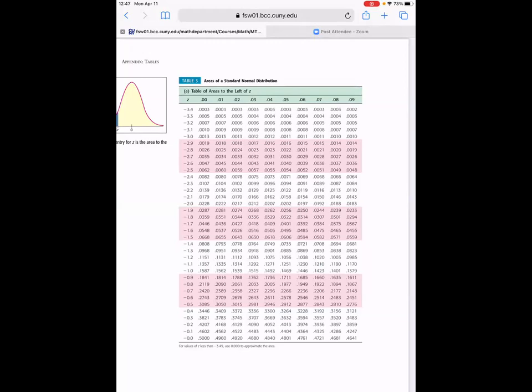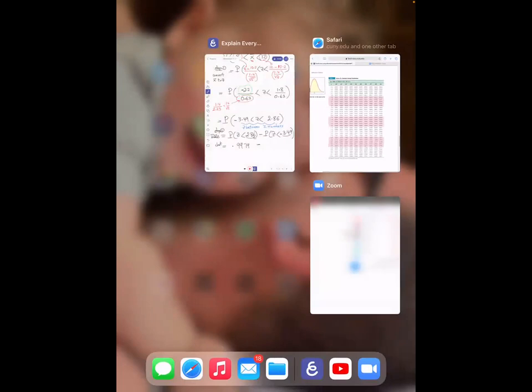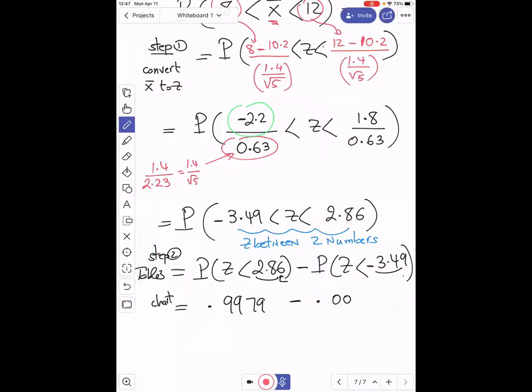So that's 0.0002. I think 3 zeros, yes, 3 zeros then 2. So that's 0.9977.